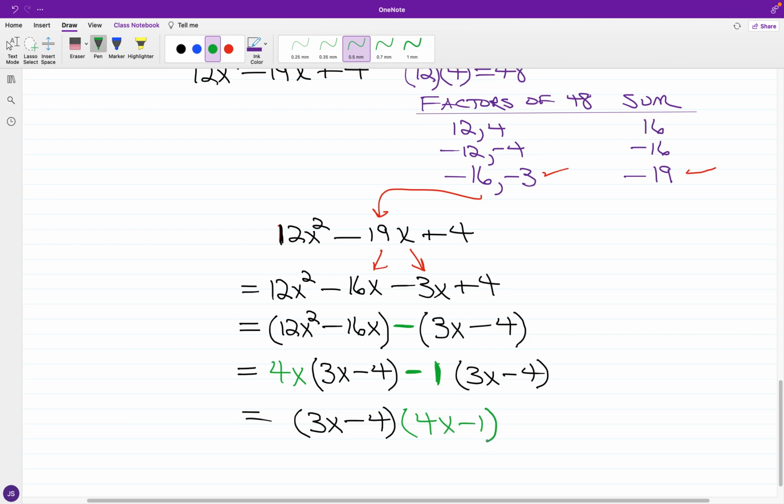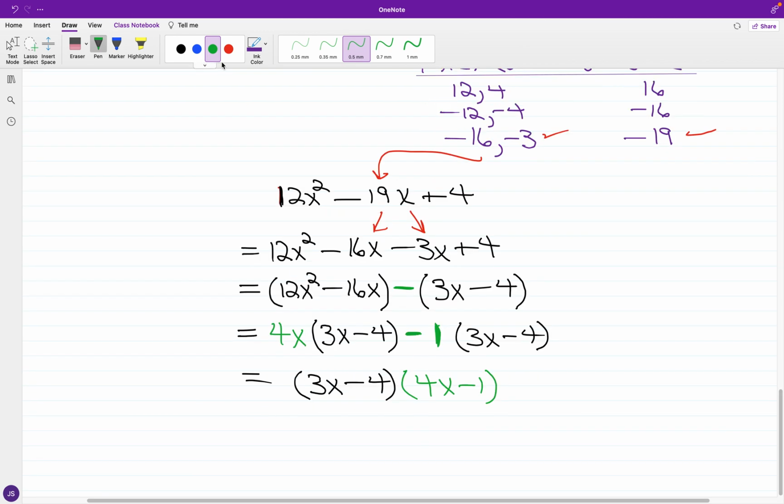And we have times the quantity of 4x minus 1. And you can always go back and check the results, at least taking the FOIL method. Okay, so we got 3x minus 4 and 4x minus 1, and if you were to FOIL out 3x times 4x, this would be 12x squared. 3x times negative 1 leads to an outside product of negative 3x.